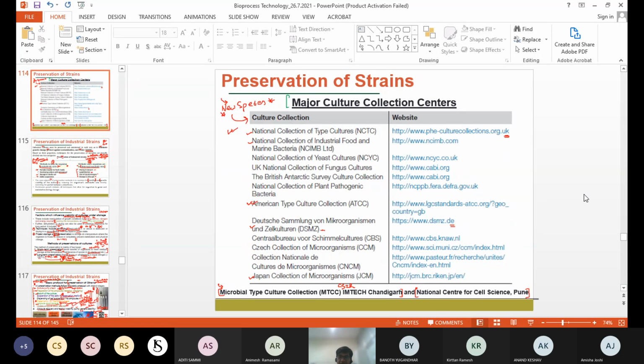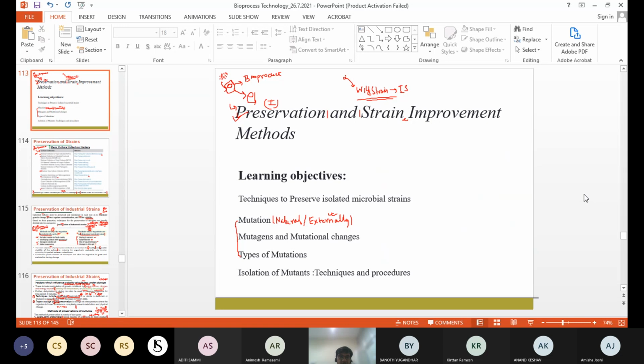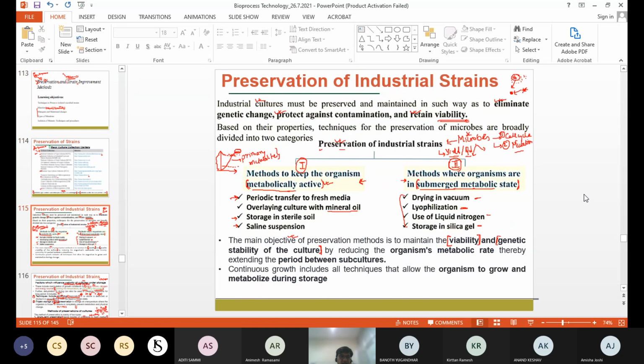Anyone else? It is already written. If you cannot see and tell the answer, how do you expect that? Anyone else? MTCC in Chandigarh and NCCS in Pune.